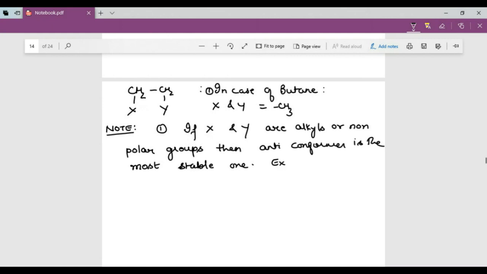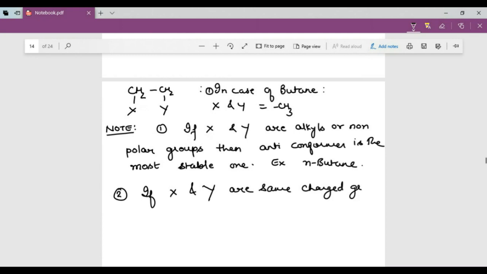You can take the example of n-butane. If X and Y are same charged groups, then again the anti conformer is most stable.